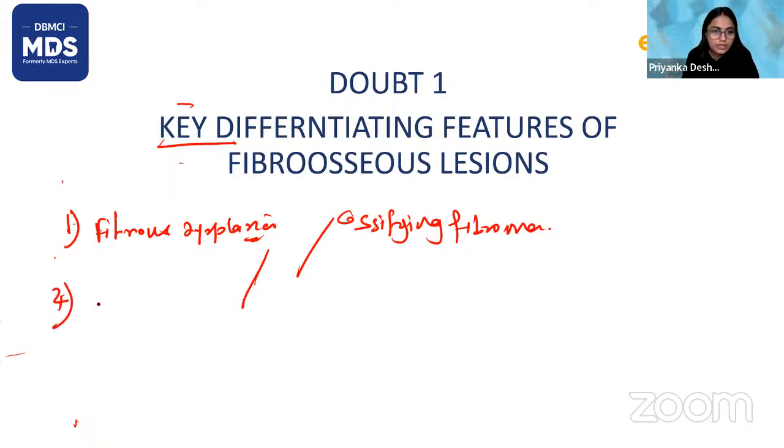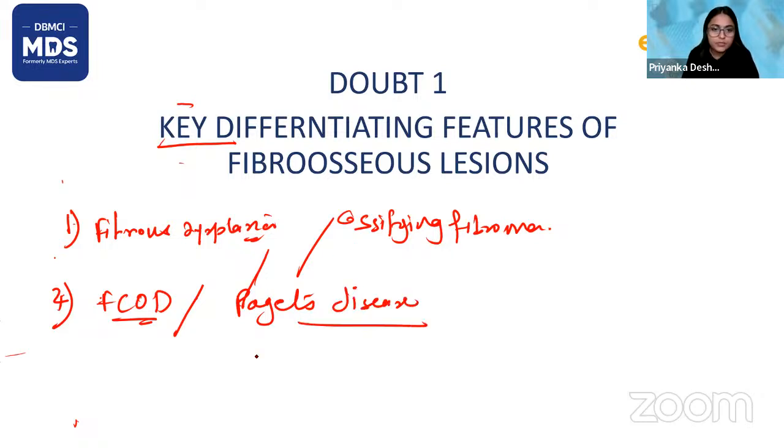The second one that we have is FCOD, which is florid cemento-osseous dysplasia. We are going to differentiate it with Paget's disease. Now, what is the difference between fibrous dysplasia and ossifying fibroma?